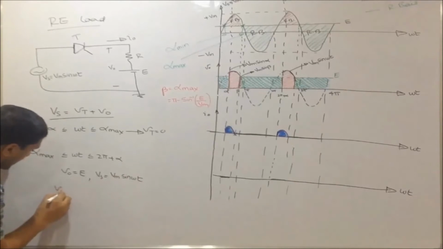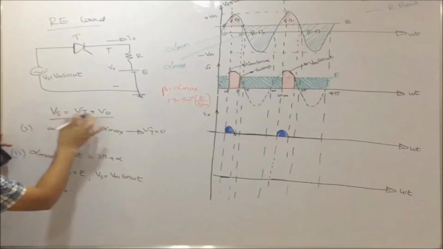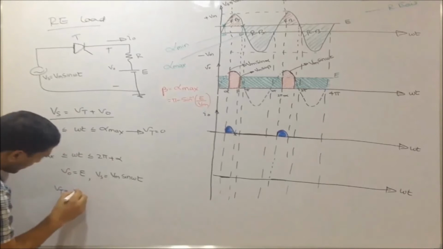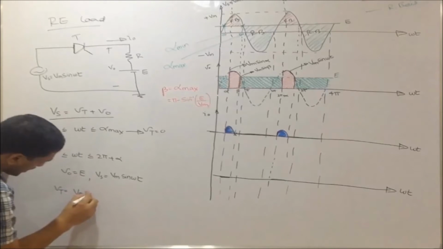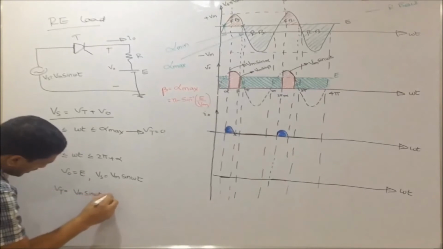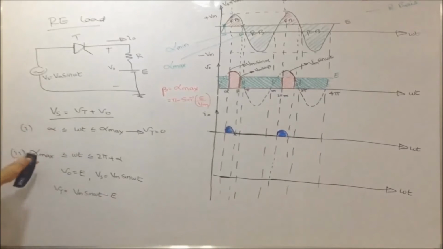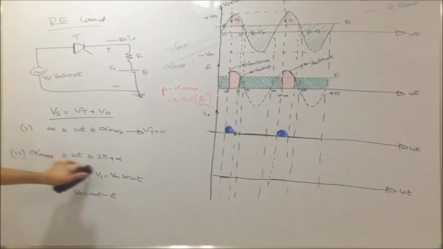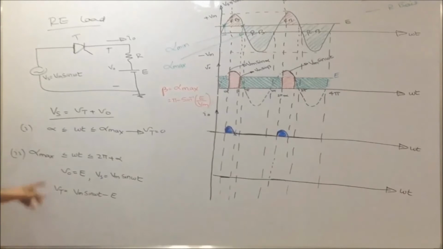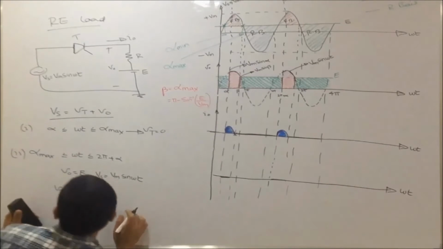So my Vt is Vs minus V naught, that is Vm into sin omega t minus E. You have to draw this from alpha max to 2 pi plus alpha. At alpha max, Vt is Vm into sin alpha max minus E. Vm into sin alpha max is E, and E minus E is 0.